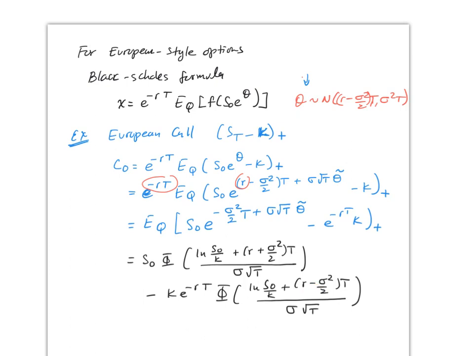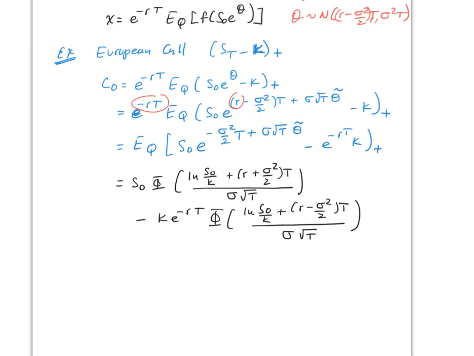And here it is very important that you understand what this function is. Phi of x represents the cumulative distribution function of the standard normal distribution.